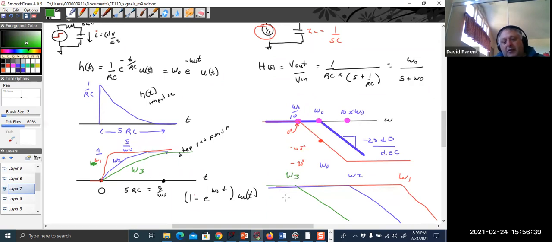And if you think about, right, this is a Bode plot. Omega 3 is getting rid of all the sine waves over here. Omega 2 is letting in more sine waves, and omega 1 is letting in many more sine waves. And the more sine wave frequencies you let in, the sharper this gets. And if I took omega to infinity, well, I would get the original step function out. Okay.